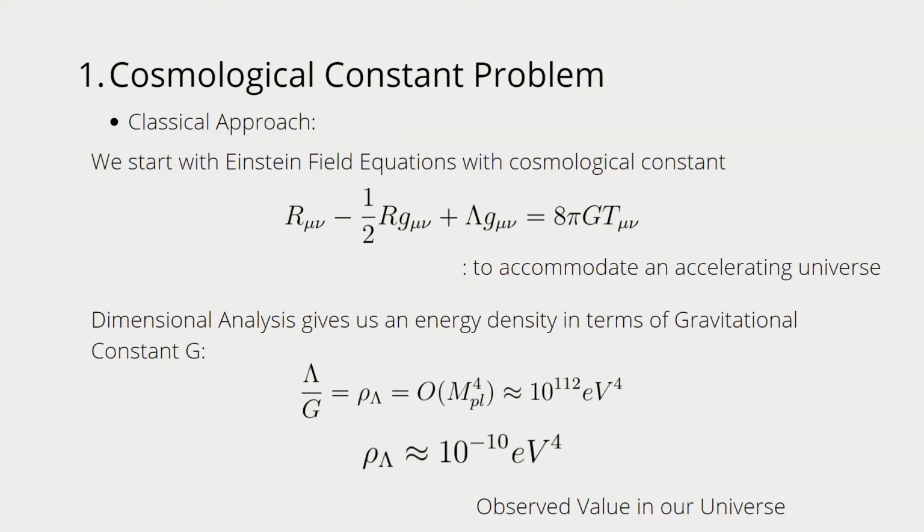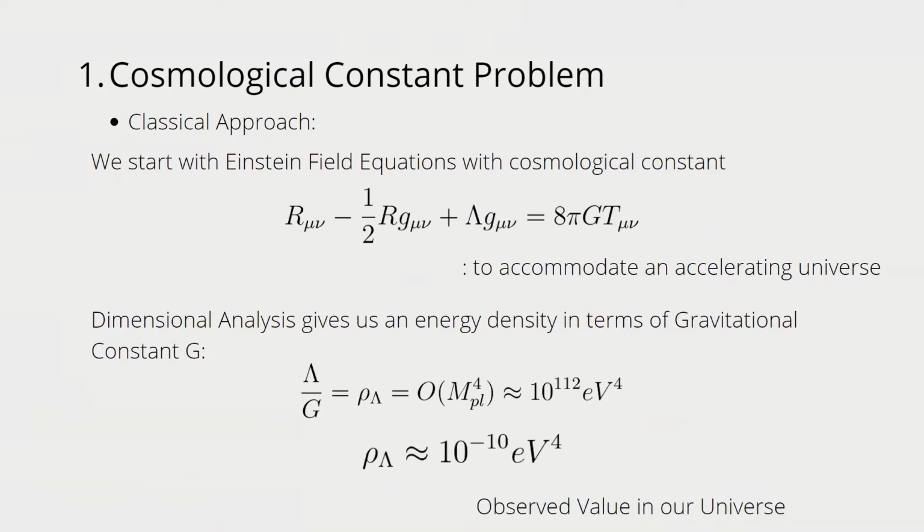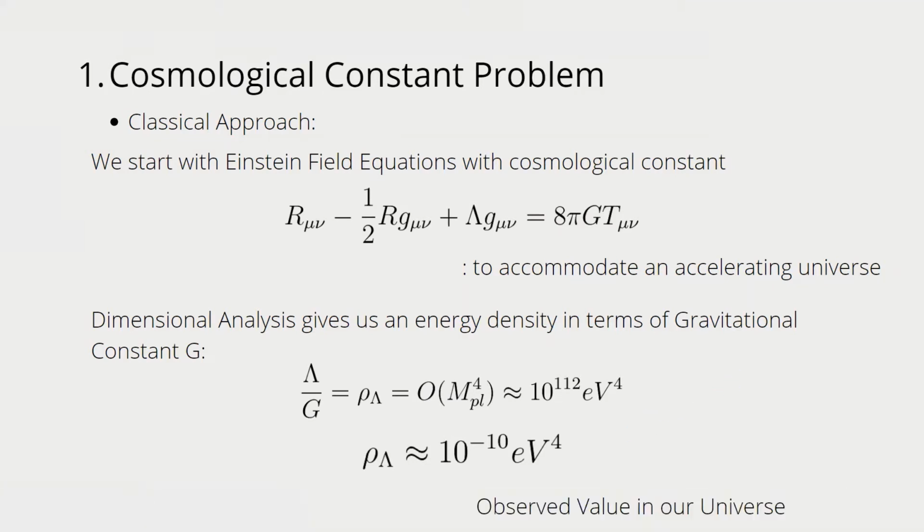Further, dimensional analysis gives us an energy density in terms of the gravitational constant, which puts the value of the vacuum energy density around 10 to the power 112 times larger than observed, which is not as observed in our universe.